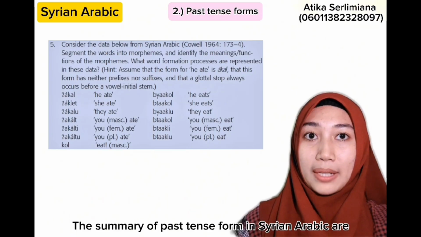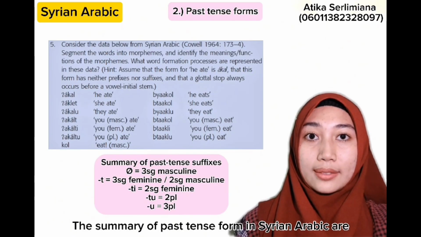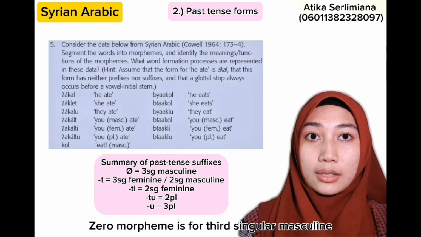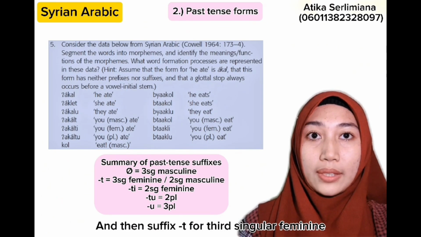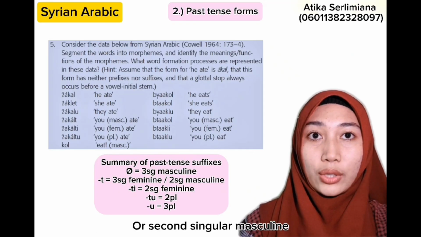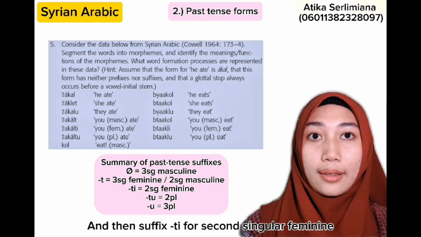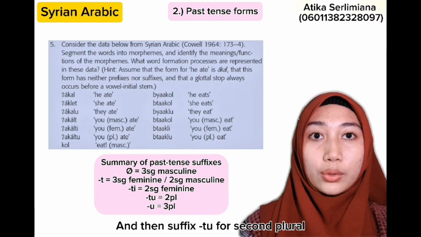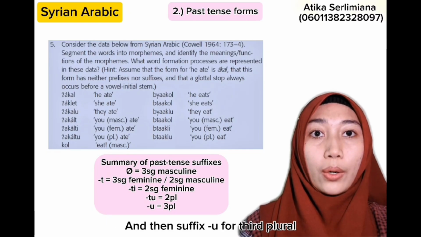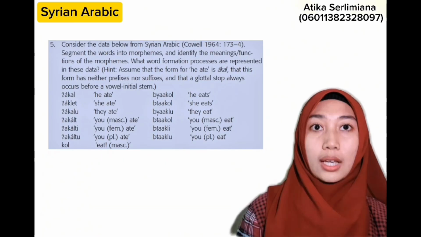So the summary of past tense forms in Syrian Arabic are: zero morpheme is for third singular masculine, and then suffix te for third singular feminine or second singular masculine, and then suffix ti for second singular feminine, and then suffix tu for second plural, and then suffix u for third plural.